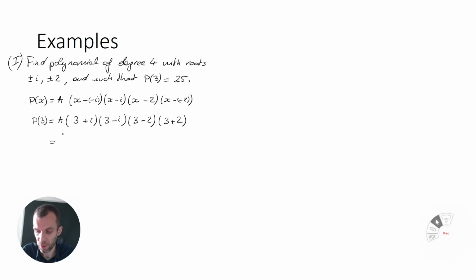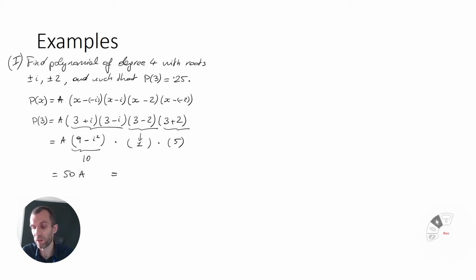So if you work that out, if you multiply the first two terms together, you get 9 minus I squared. And then the next term here, that's 1 times 1, and then times 5. I squared is, of course, minus 1, so you get 9 minus 1, or 10. And if you multiply everything out, you get 50 times a, and that has to be equal to 25 from our condition.